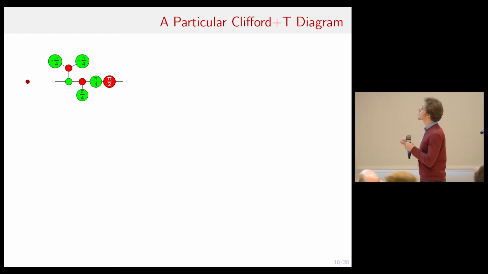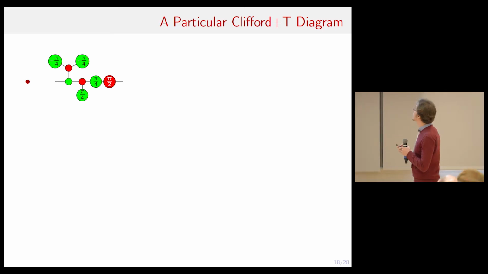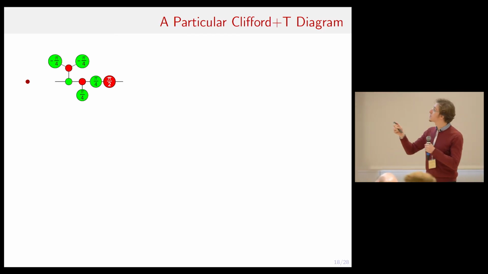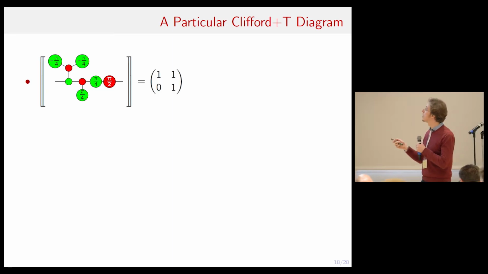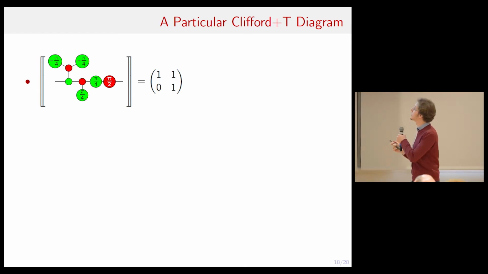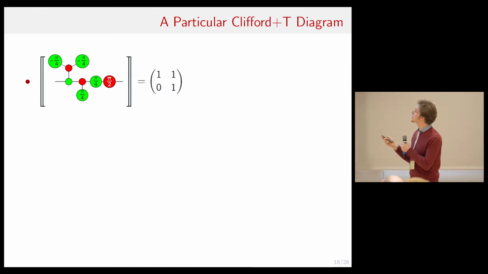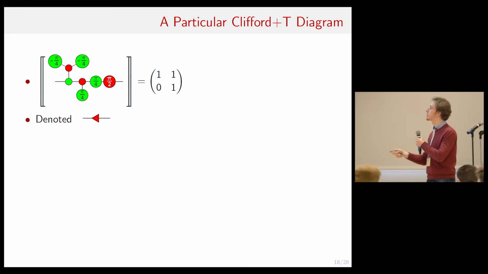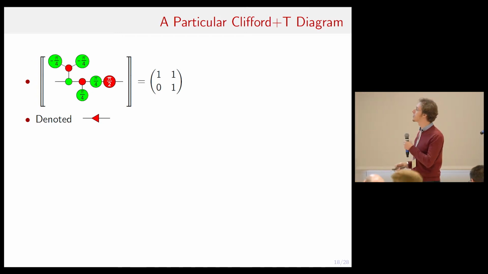To give you just a hint on how we prove the completeness, we noticed that this particular diagram was very, very important, because it represents a 2x2 matrix that is not unitary, although its entries are in {0, 1}. Since it proved to be interesting, we gave it a little name. We denoted it with this triangle node here.